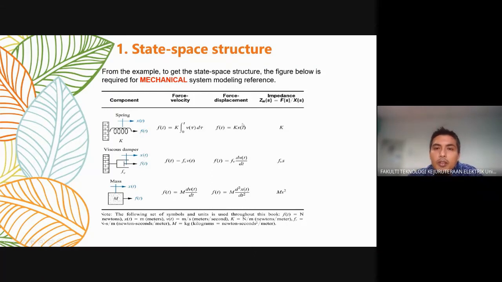According to this, you have the first column, force velocity, the second column, force displacement, and the third column, impedance Z_M(s) equal to F(s) over X(s). So which column do you think you need to refer to in order to do the state space modeling?